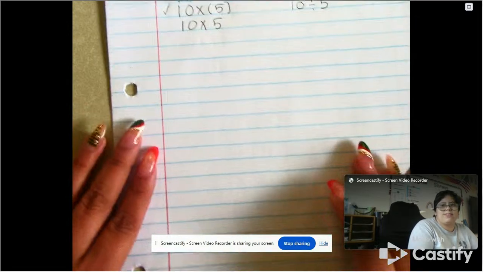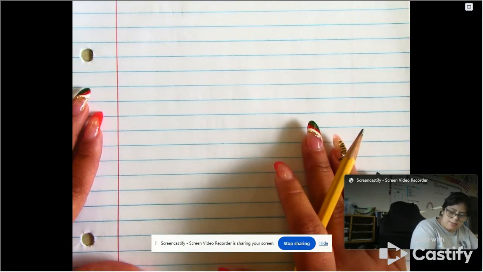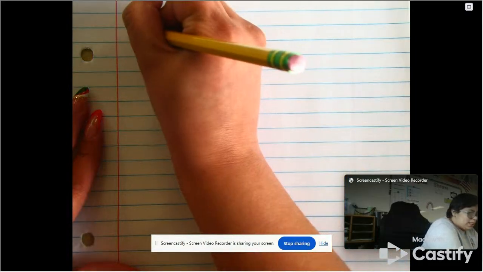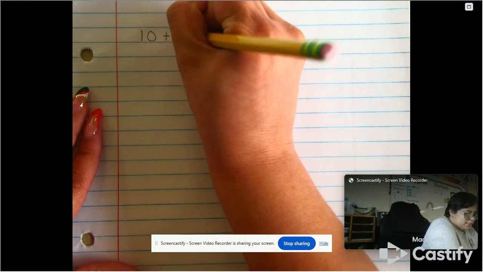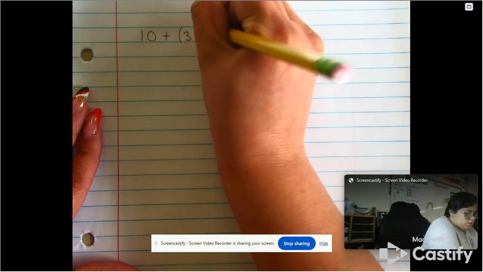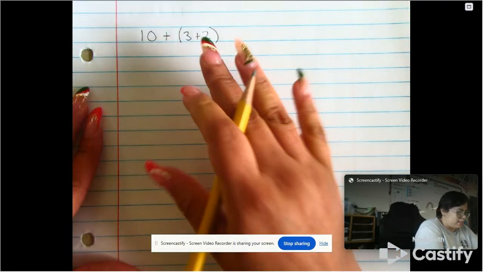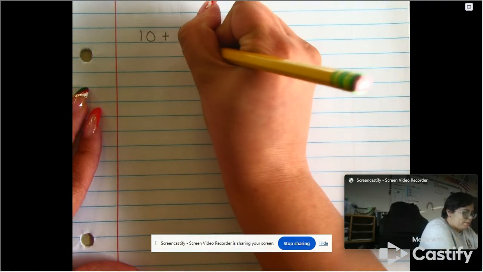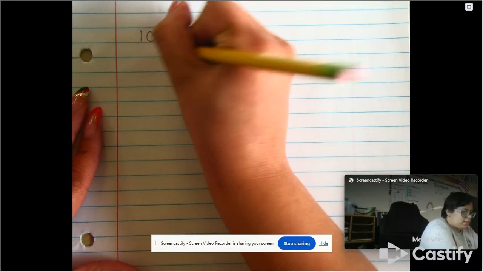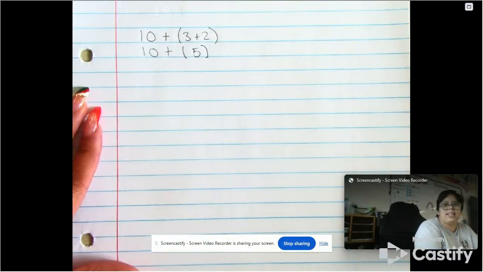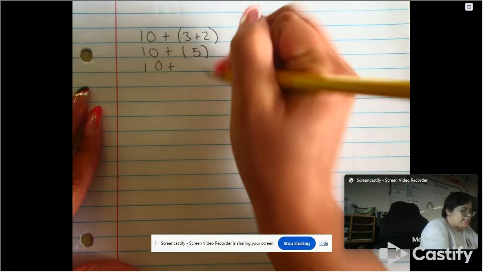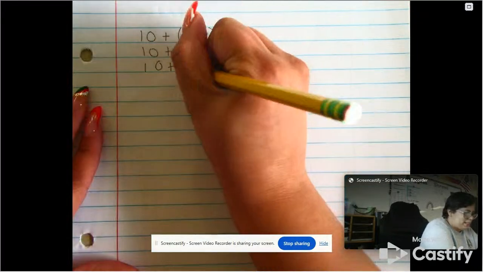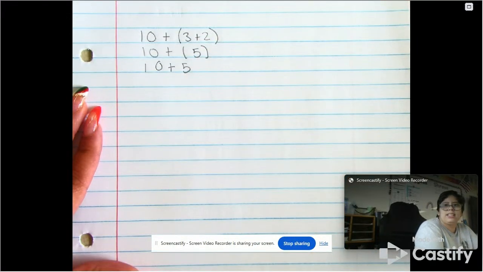What if we have something like 10 plus 3 plus 2, like this? We still solve what's in the parenthesis, just like that. But then, again, we can ignore that the parenthesis exists now that we only have one number in there. Same thing.